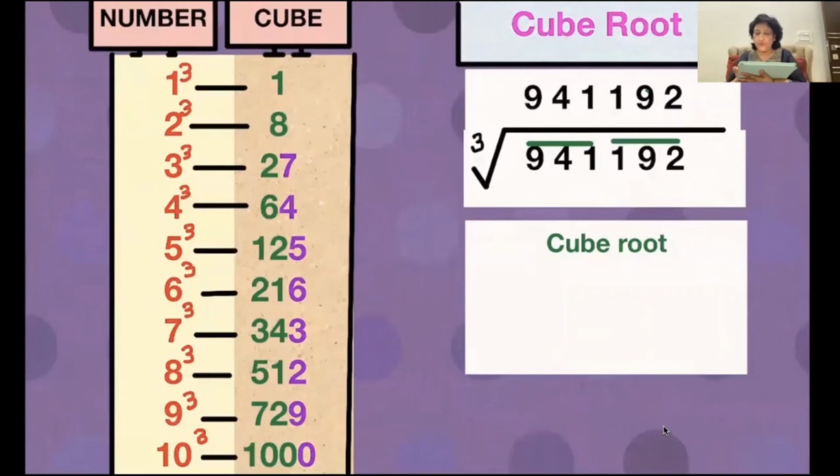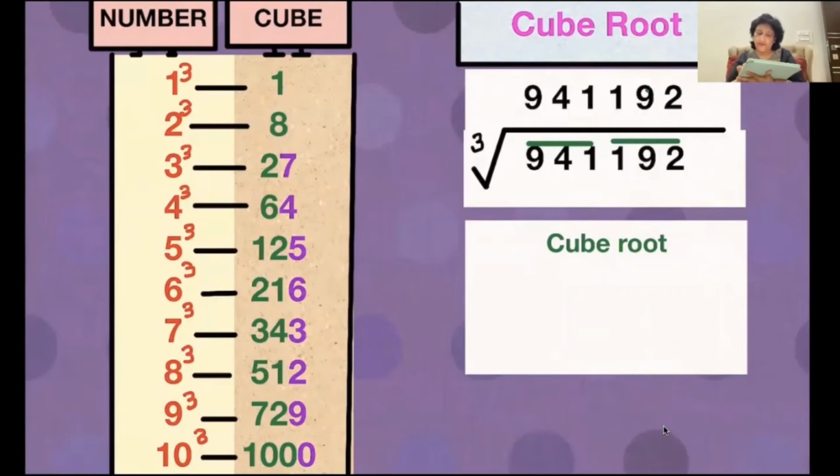To find the cube root of this number, 9,41,192, the first step is forming groups of 3. So 192 forms the first group and 941 forms the second group.